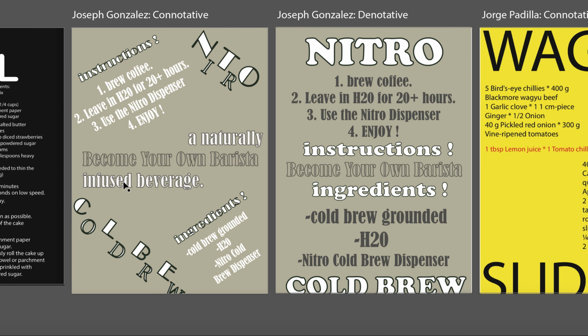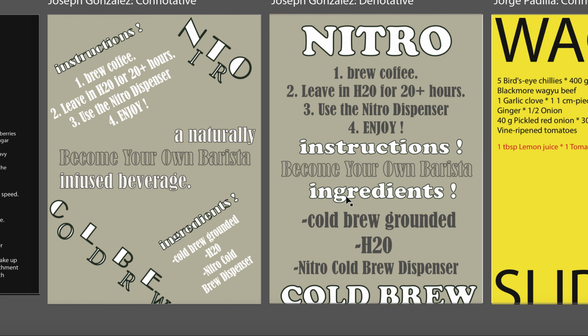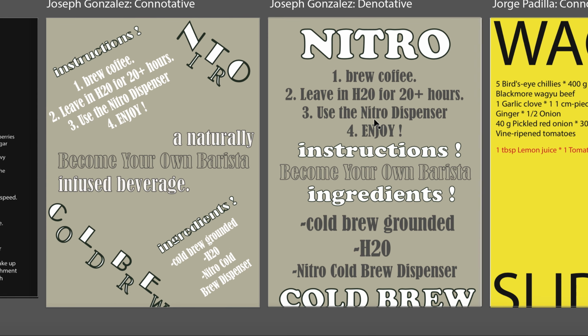Joseph is doing nitro cold brew. All right. So I'm going to guess this is your connotative and your denotative. I'm just going to look at those together as a pair. They have a similar color palette, and I'm wondering if there's something you can do about cold brew, a nitro cold brew. Maybe reversing some of those color judgments.